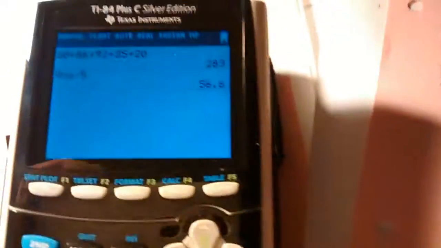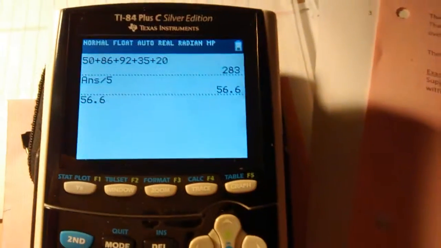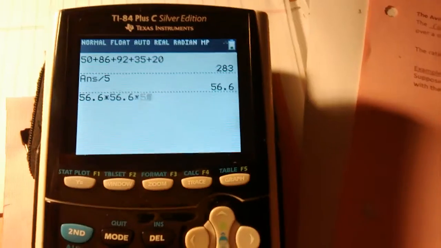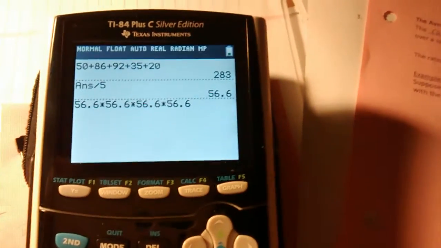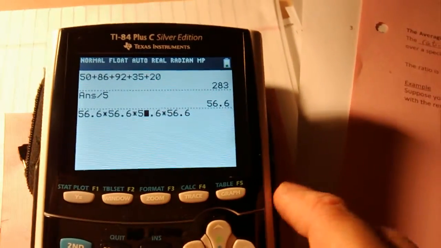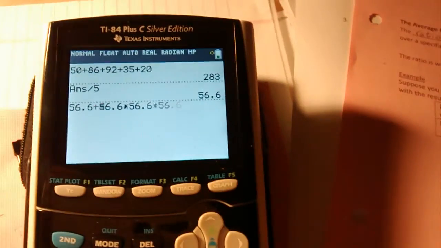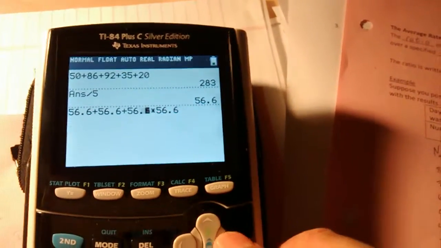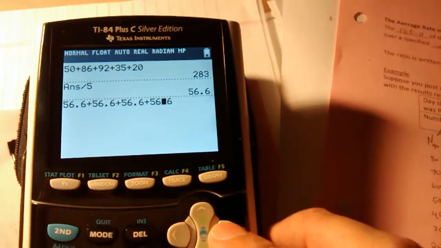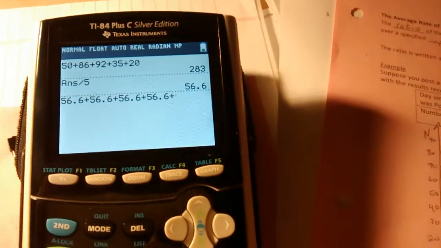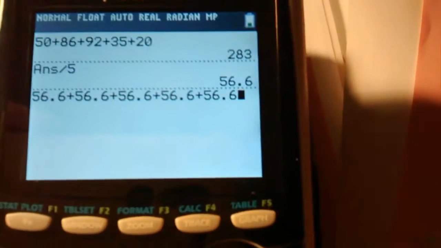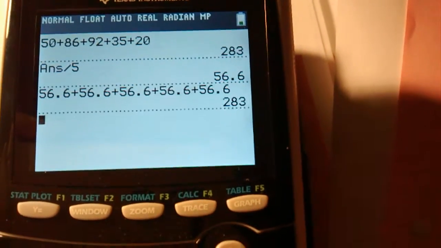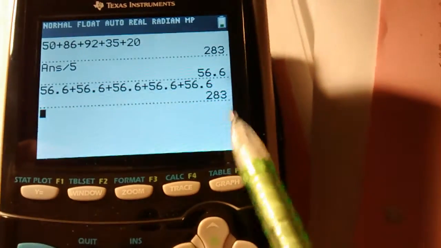Here's what I mean. If we take 56.6 and add 5 of those, one, two, three, four, 5, I'd get my total.